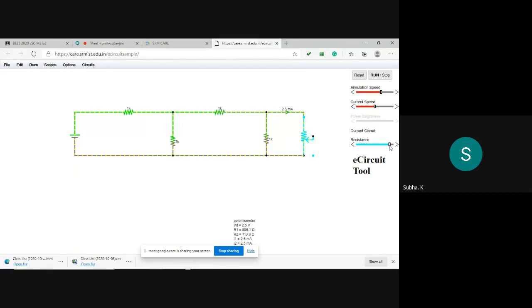The lower line that is going towards the battery, we need to connect it to the slider.